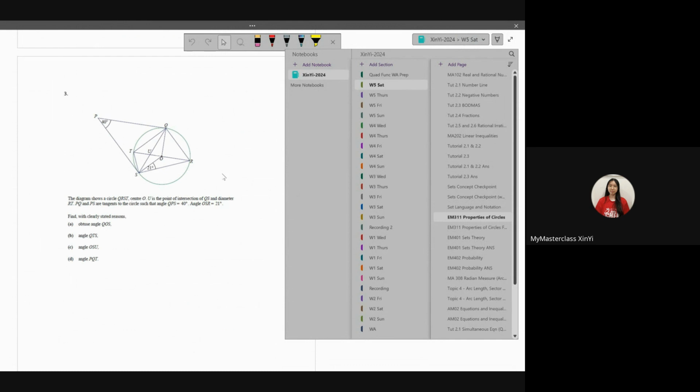Okay, so you see this? From this tangent, in this case this is 90 degrees. Then over here, now we will know this angle, right?